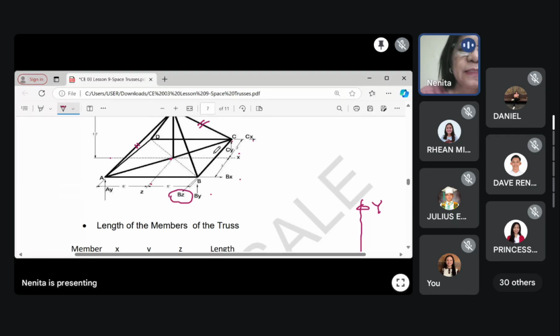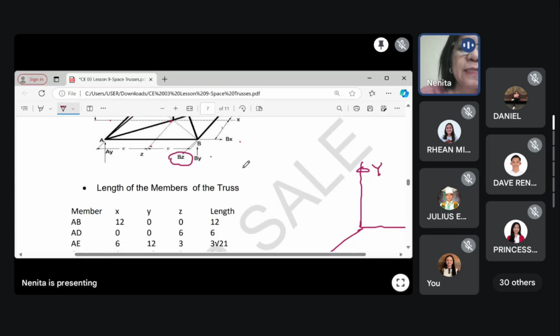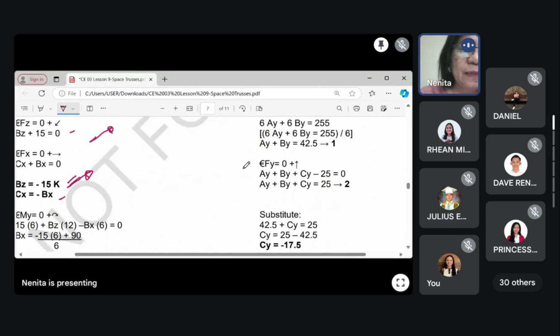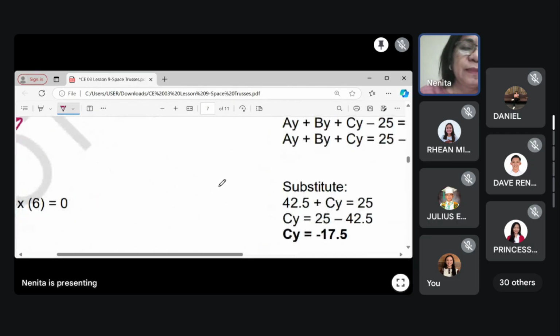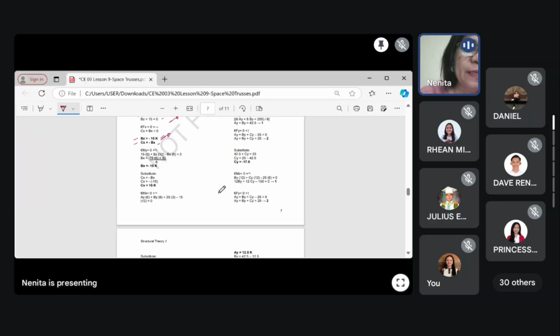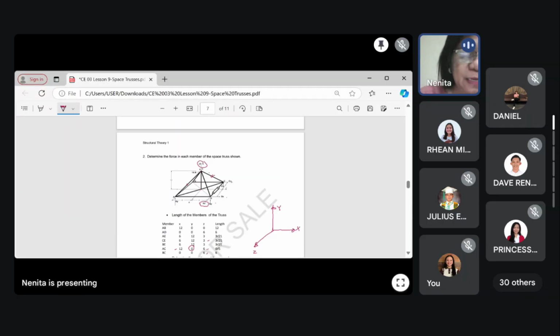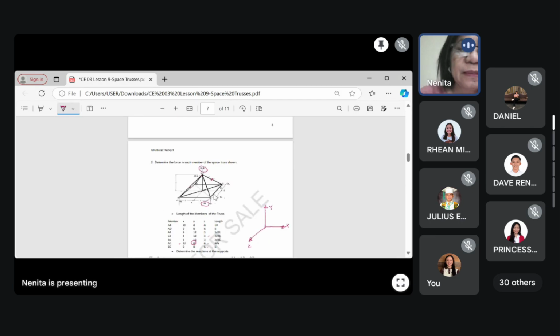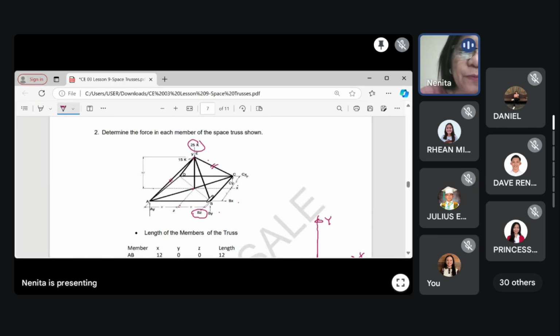It's the x-axis. Okay? And what about, what else? BY. Okay. Yan. How about BY? Also 6, ano? Is BY.